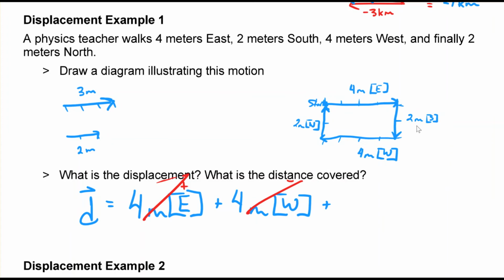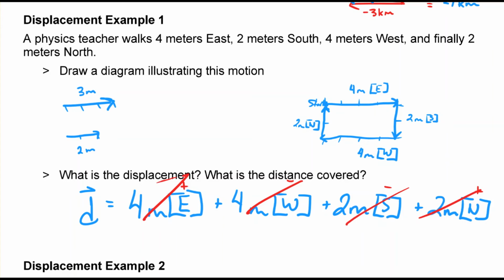Okay. And then where did we go? We went 2 meters south, but we also went 2 meters north. And hopefully you understand that it doesn't matter what order I put these in, because south and north are opposite, and they're the same size, and they just cancel each other out.